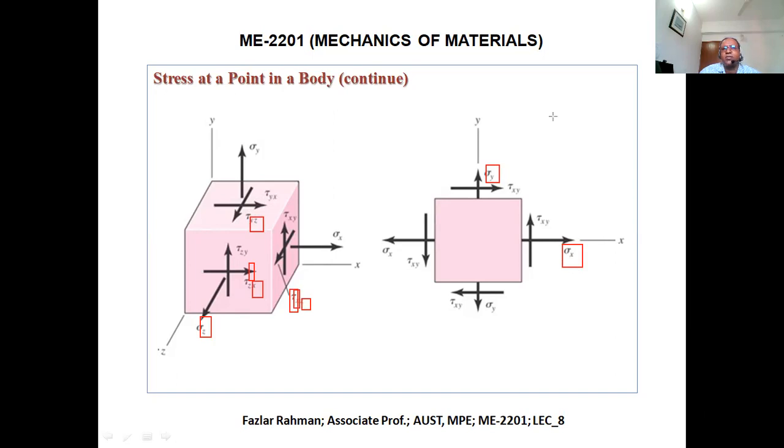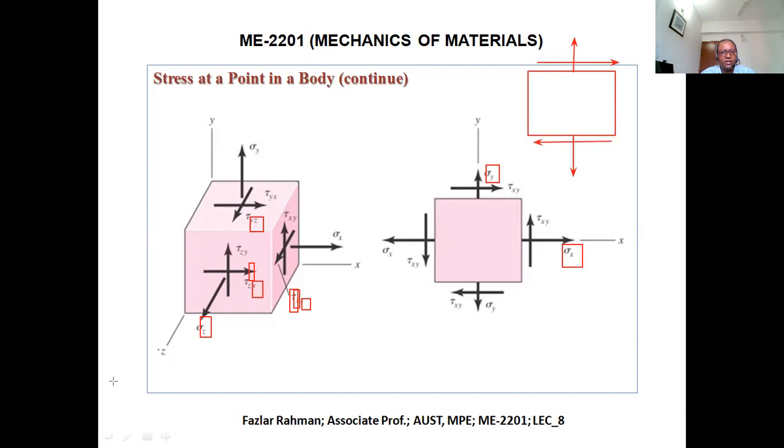So if I draw a cube right over here, then in the vertical direction we will have sigma y. Then along this direction we have tau yx. So what will be at the bottom? I would like to balance this one. So at the bottom there will be sigma y downward, and opposite of this one will be this one.